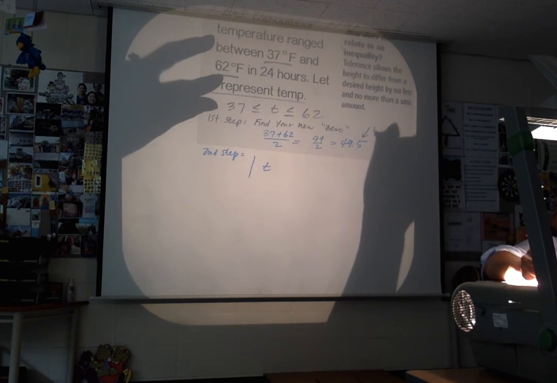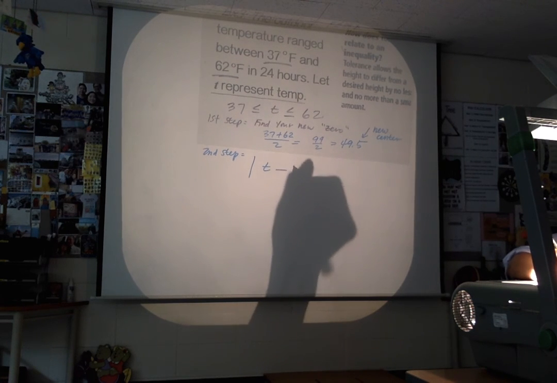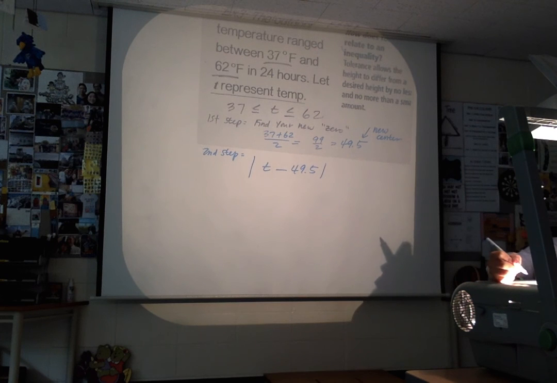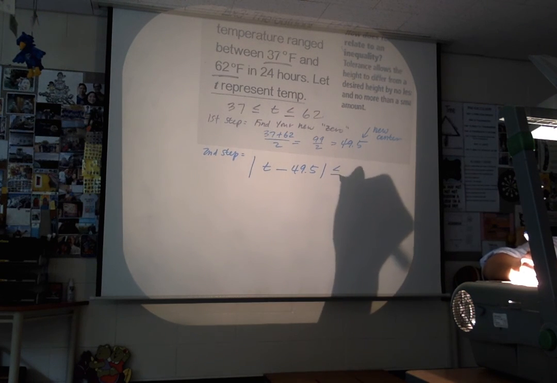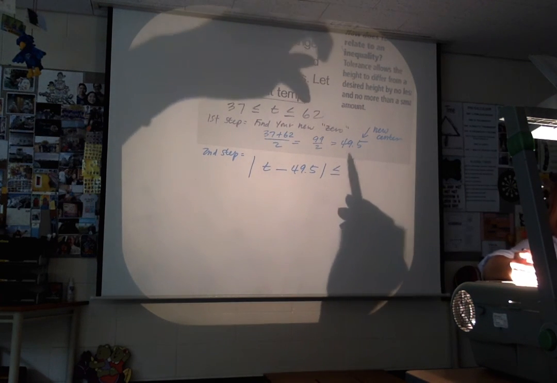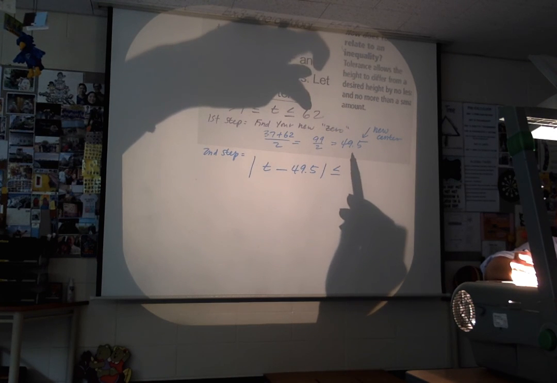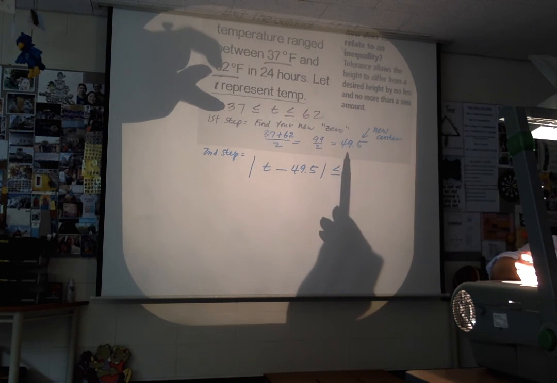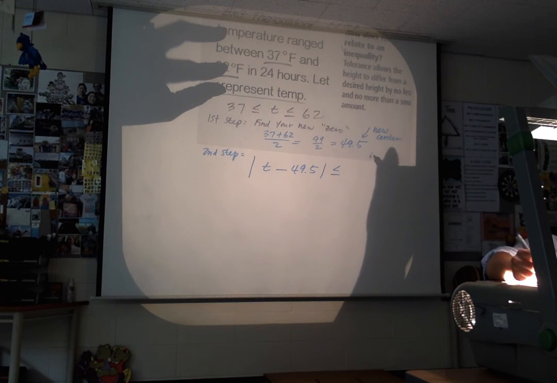This is your new center. You're not going from 0 anymore. So you're going to go minus 49.5. Okay? And it's going to be within, now you have to think, how far is this away from 49.5? How far is 37 from 49.5? So we're thinking 62 minus 49.5. 49.5 minus, what am I doing?